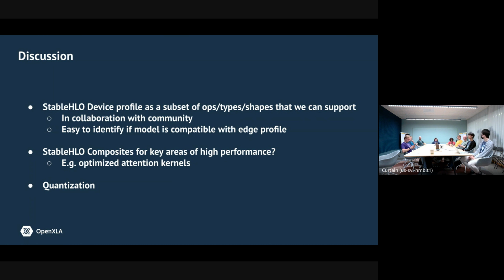As far as what gets supported under this broad StableHLO subset versus a device-specific profile, I think of it as: can we canonicalize to the device-specific profile as much as possible, and have the canonical supported device profile and then things that just aren't supported.